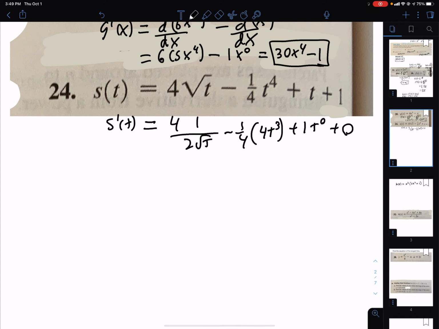And the derivative of a constant is 0. So this becomes 2 over radical t minus t cubed plus 1. Bammo. So that's combining the sum and difference theorem, the constant multiple theorem, and the power rule.